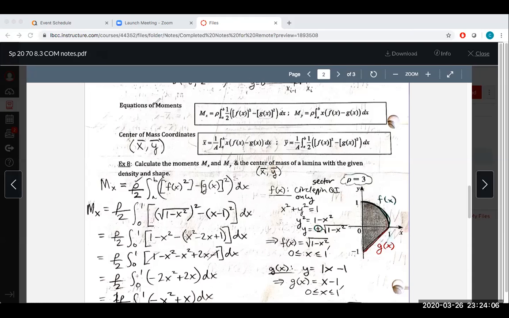So essentially these would be your moment equations. Remember, you can look for the derivation of the moments on WebAssign in chapter 8, 8.3. The equations you'll need though are right here.